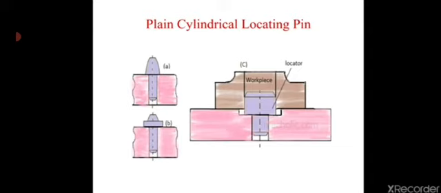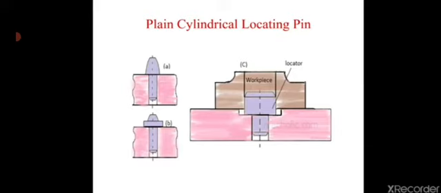The shank of these pins is fitted in the jig or fixture body by pressing. The locating diameter is greater than the shank diameter and is a push fit in the workpiece hole. Hence, there is a firm setting of the pin, due to which the pin is not pushed into the jig or fixture by the weight of the workpiece and cutting forces.